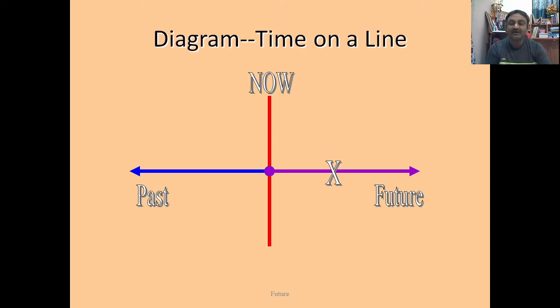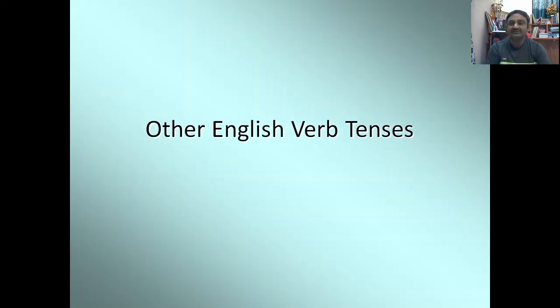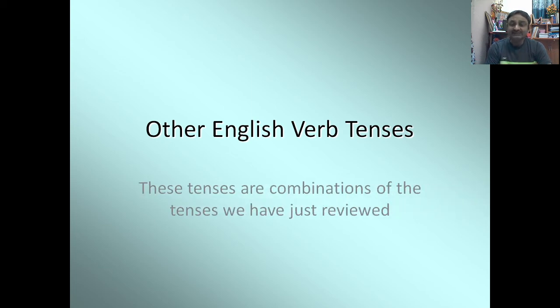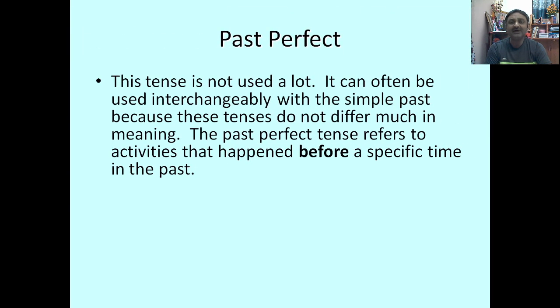So, when we talk about the future tense, the other English verb tenses are combinations of the tenses we have just reviewed. Now the past perfect, this tense is not used a lot. It can often be used interchangeably with the simple past because these tenses do not differ much in meaning.